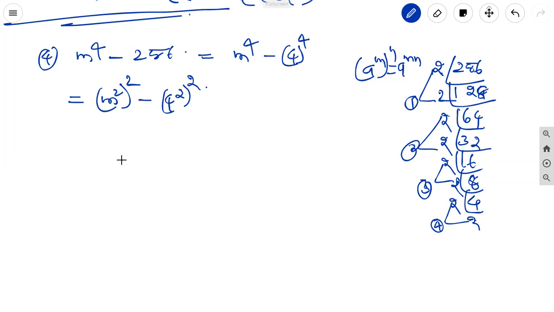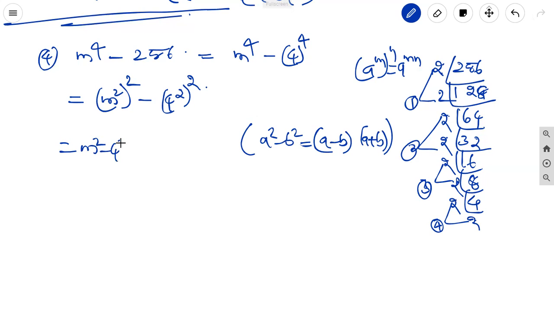Now this is expressed in the form of the identity. What is that? a square minus b square equals (a minus b) into (a plus b). Here m square is a, 4 square is b. Writing in the identity, m square minus 4 square, m square plus 4 square.